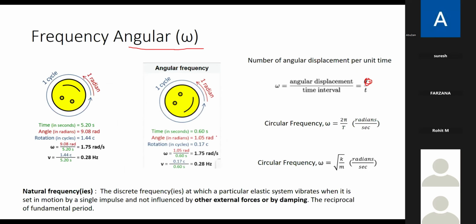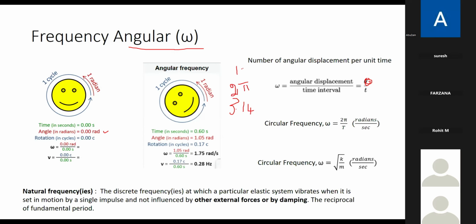You can type angular frequency in Google; Wikipedia has this drawing, you can go and check. This is the relation between radians and hertz. One complete cycle is 2 pi radians, where pi is 3.14.